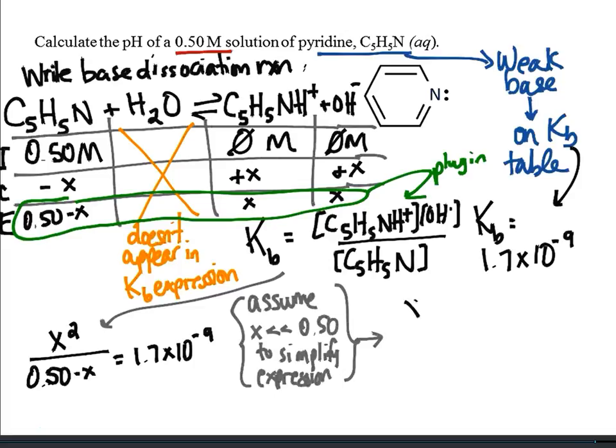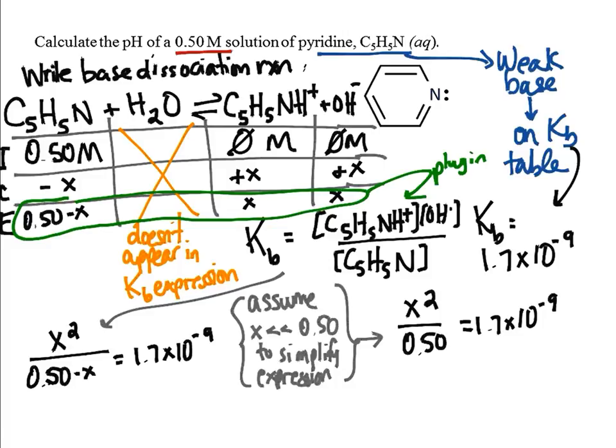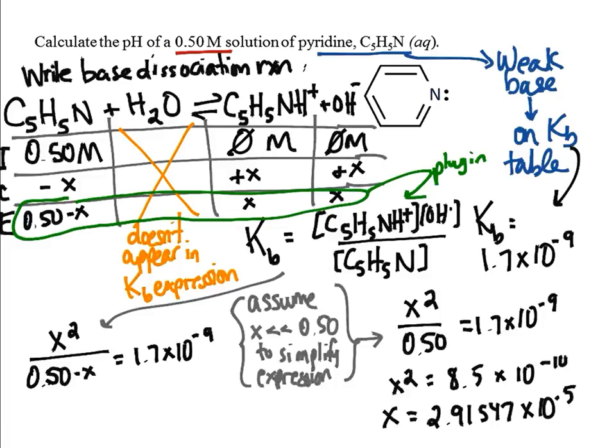So if we make this assumption, then that reduces the expression to x squared divided by 0.50, because if we assume x is negligibly small compared to 0.50, then 0.50 minus x will essentially be the same as 0.50. So we've substituted our new denominator. We've just taken the x out of that value. Now when we solve for x, we get x equals the square root of 0.50 times 1.7 times 10 to the minus 9.